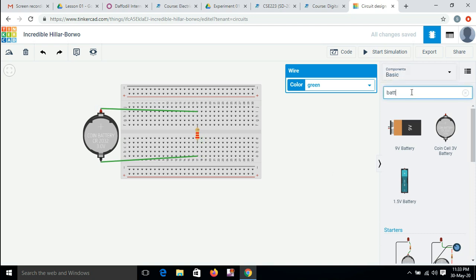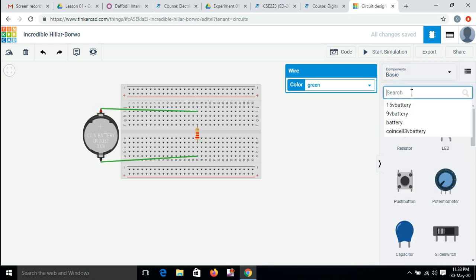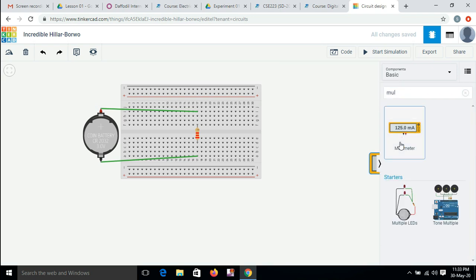To measure current through this resistor, we'll need an ammeter. So we can choose a multimeter, and with the help of this multimeter we can measure both current and voltage in this circuit.